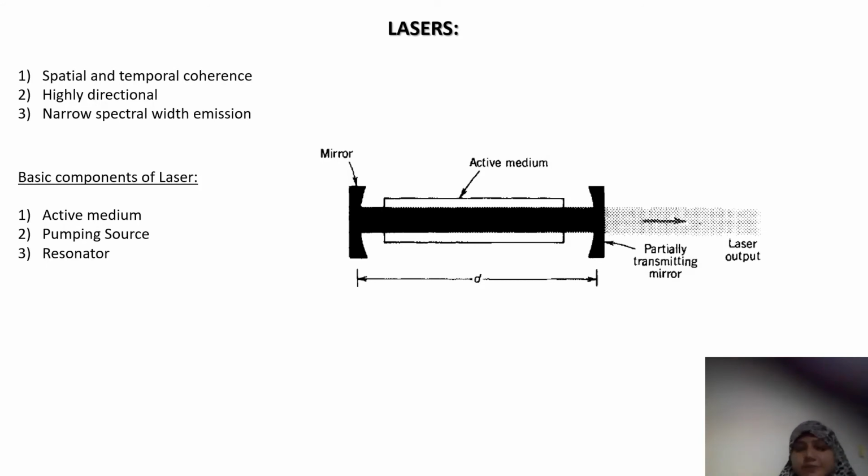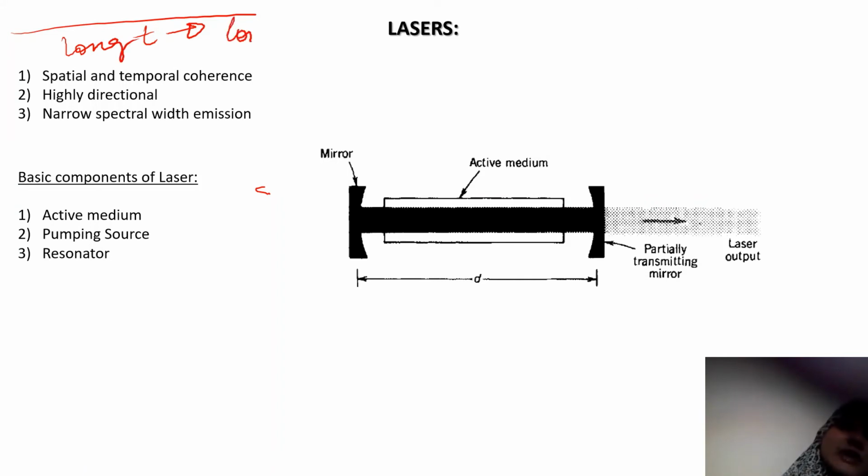Coherent means they have a definite phase difference for a longer time, that is temporal coherence, and for a greater length, that is long spatial coherence. For a longer distance, the photons are maintaining a constant phase difference.